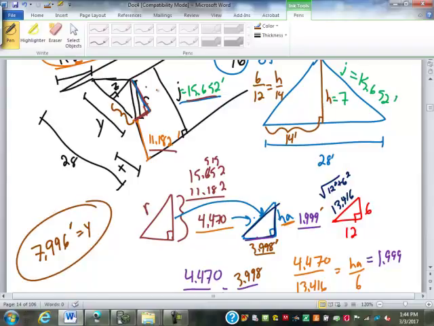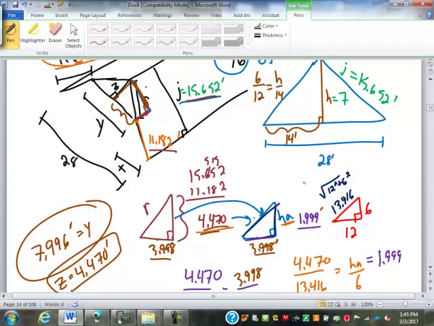Z has to equal R. Or not R, Z has to equal the 4.470. Z here is equal to this distance here because there's the same slope. R is then found. This depth here is going to be the same as the 3.998. So R is going to be found by doing the square root of 3.998 squared plus 4.47 squared.